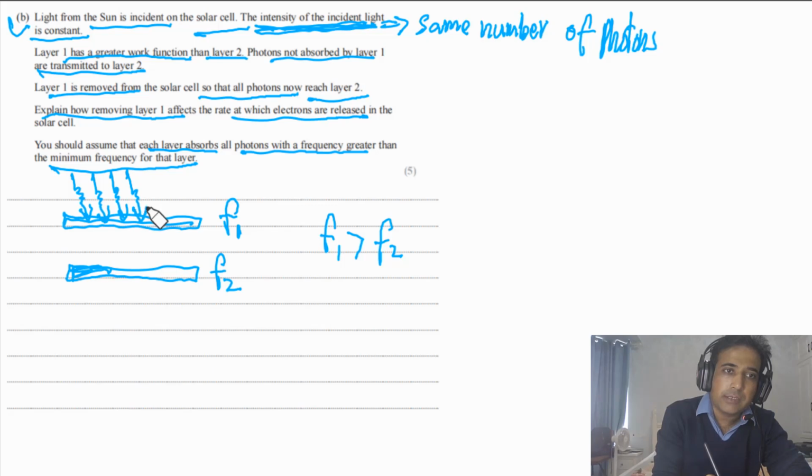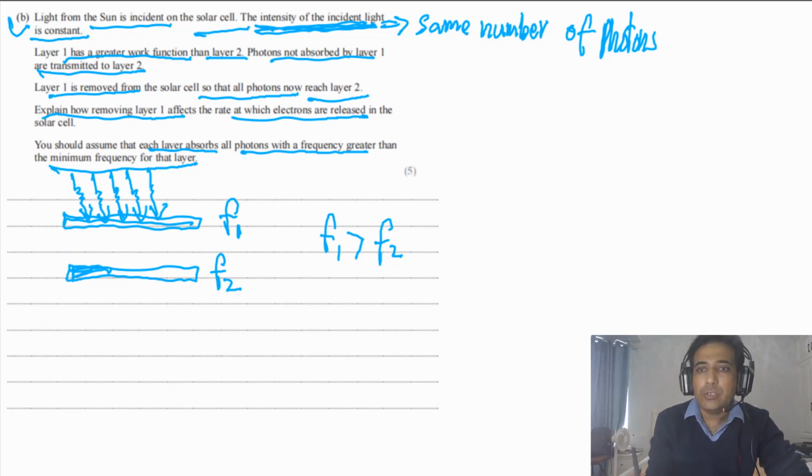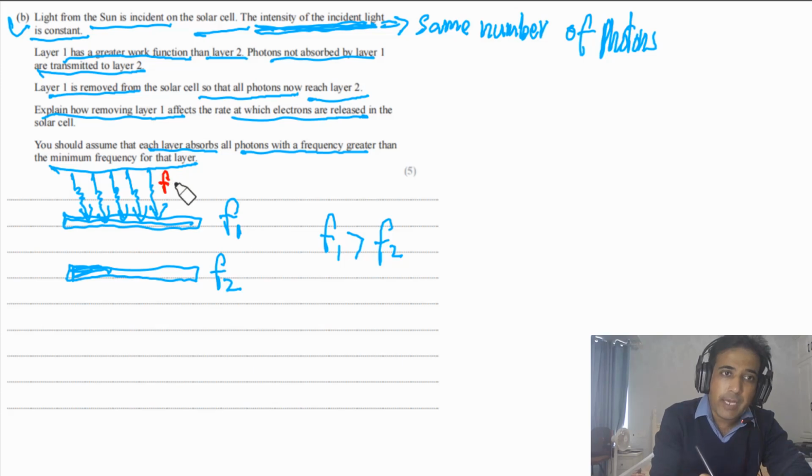Let's say they are incident on layer 1 and only 2 of them have frequency higher than f1. Those two photons will be absorbed. So let's say this photon has frequency greater than f1, and this photon also has frequency greater than f1.